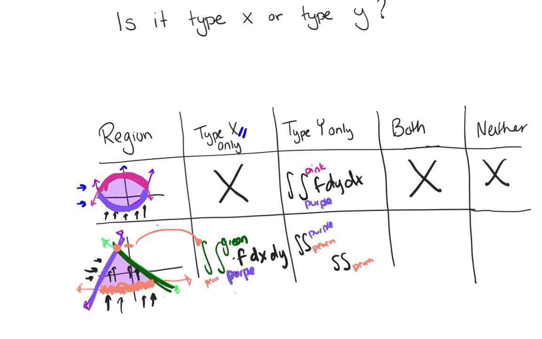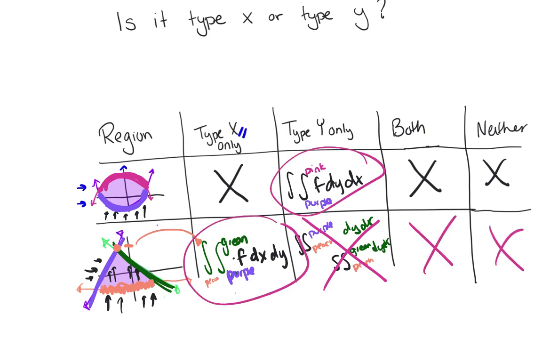And so since it's going to require me to use two different integrals, I could still set it up. It's not completely impossible, but we don't call that type Y because it requires two integrals. So it's not type Y. So it's not both. It's not neither. In this case, this one was only type X, and above was only type Y.